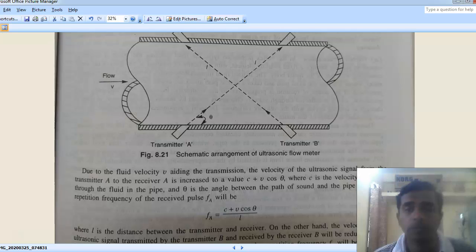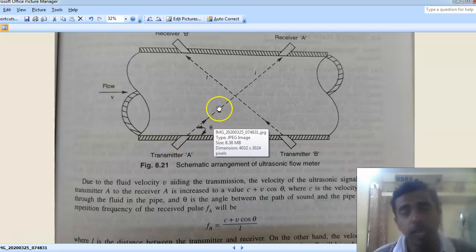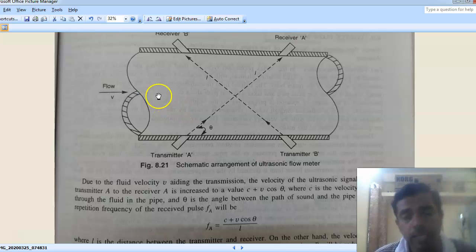If I consider transmitter A and receiver A, this is angle theta. This is producing mechanical waves with velocity C, and this is the velocity of the fluid moving. So the component of the velocity of the fluid along the direction of the mechanical waves is nothing but V cos theta.